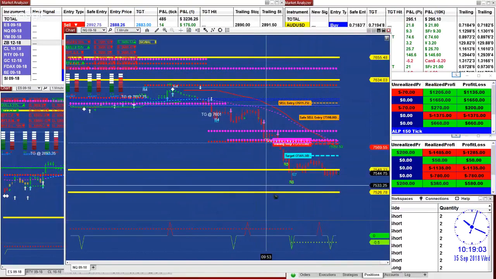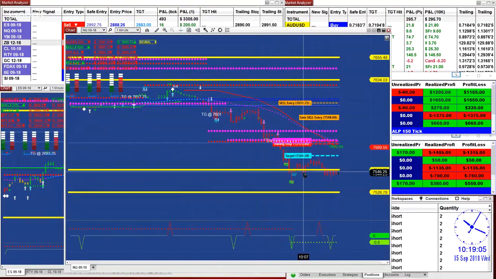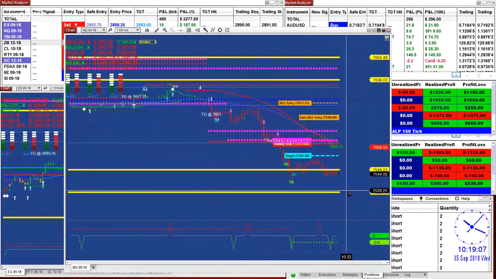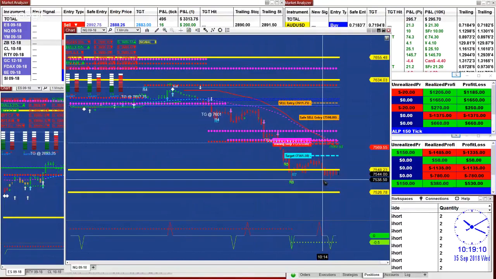Once this market penetrates those two, this area here, this dead zone area, there is no more short trade. There is no good short trade in those areas. The reason is, this is a very critical area, and if you take a short in this area, the probability on that trade is 2 out of 10. It's not going to make it.